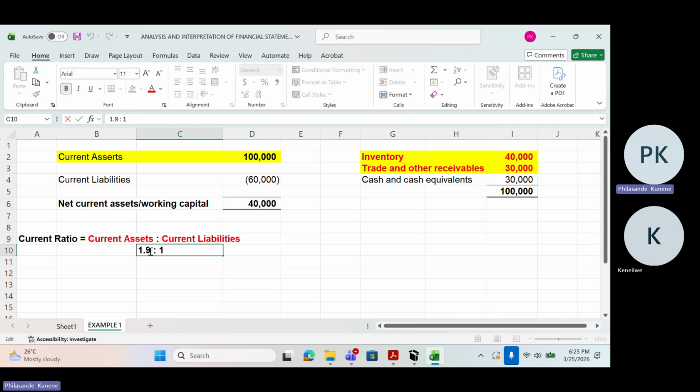But now, when it starts being like 0.2 is to 1, this is a problem now. Even if it's like 1.1 is to 1, it's still a problem, because although you are able to meet your short-term commitments here, you're in a risky position.